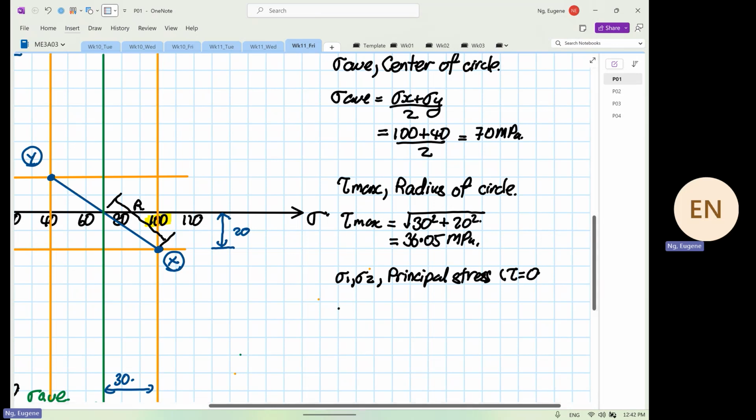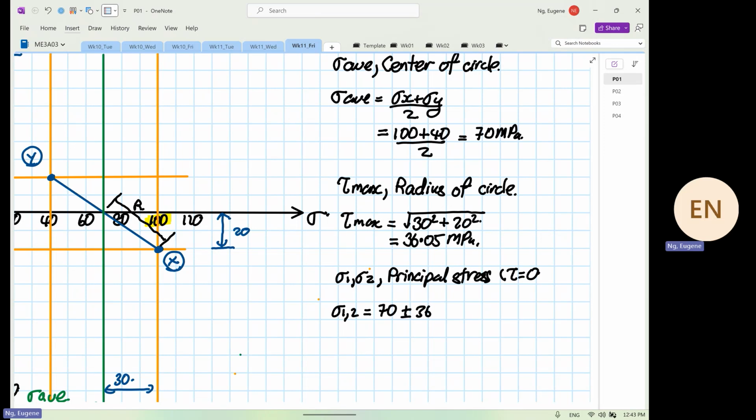So when that's the case, stress 1 and 2 will be equal to 70 plus minus 36.05. So 70 plus 36.05 is equal to 106.05, and then 70 minus 36.05 is equal to 33.95 megapascal.